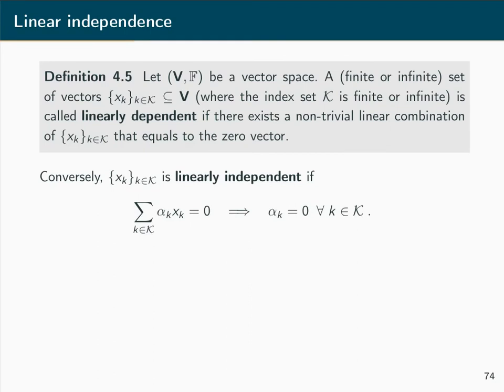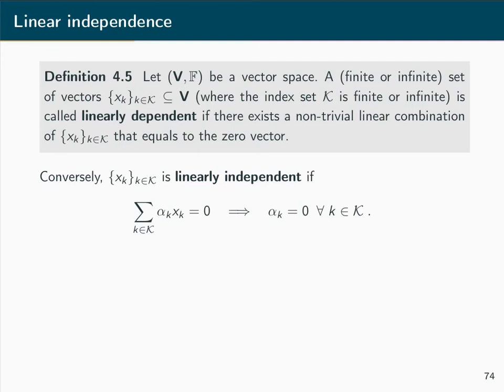Based on this, definition 4.1 defines the very important concept of linear dependence. Let V be a vector space over the field F, and consider a finite or infinite set of vectors xk in the vector space V. In this case, the index set k can be a finite or infinite set.